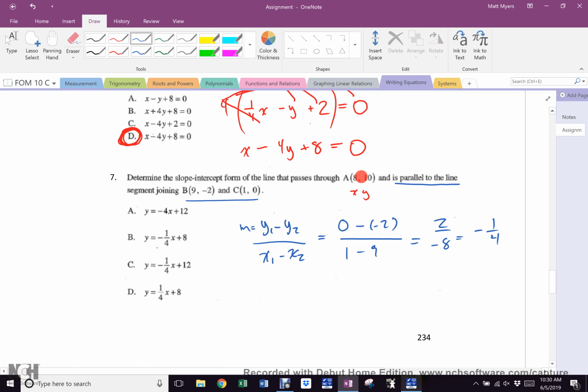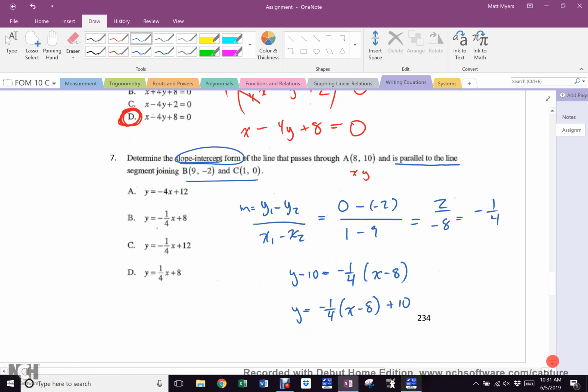That's my point, correct? So I write it out in point slope form. Y minus 10 equals negative 1/4 times x minus 8, correct? But I want slope-intercept form, so that means isolate y, right? What needs to move? The negative 10. Y equals negative 1/4 x minus 8 plus 10, yes?